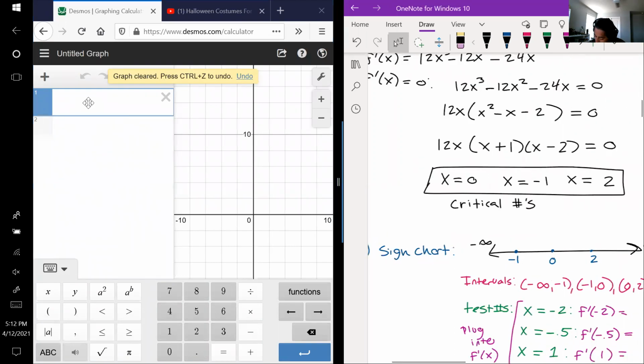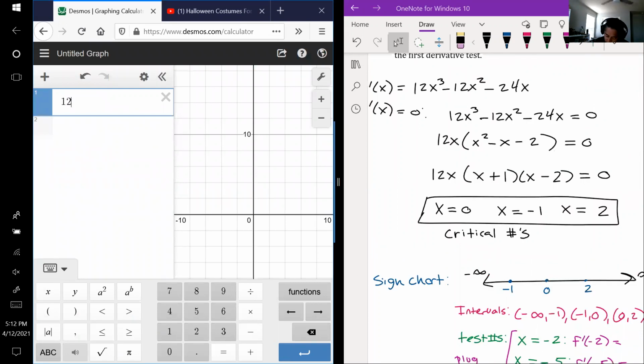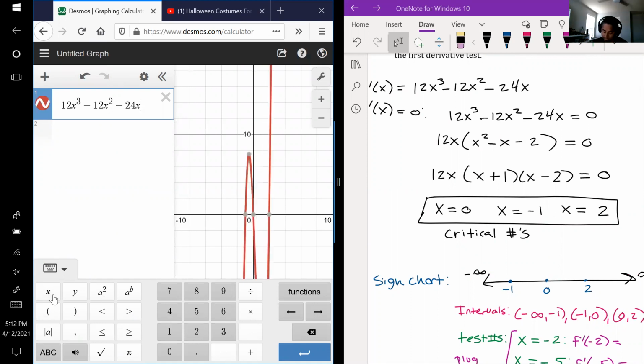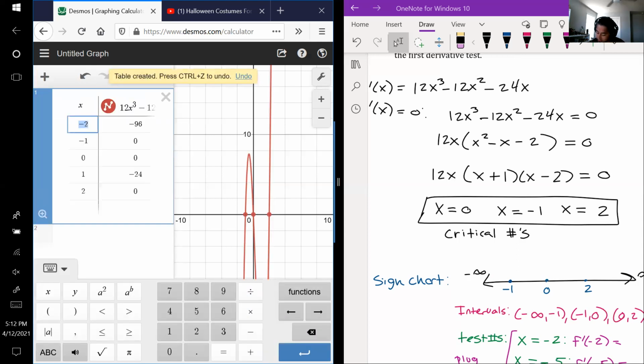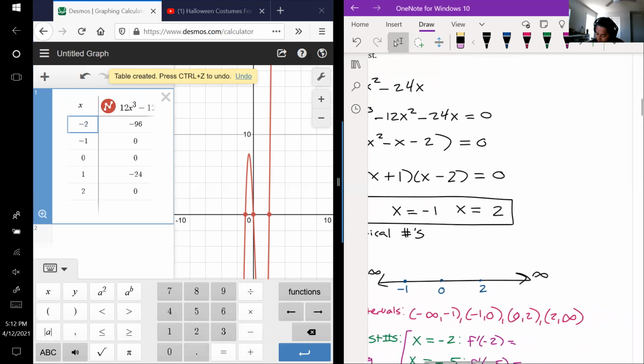So for Desmos, hang on, let me type in the first derivative. 12x cubed minus 12x squared minus 24x. And then I'm going to use that table feature, and I'm going to type in these test numbers.